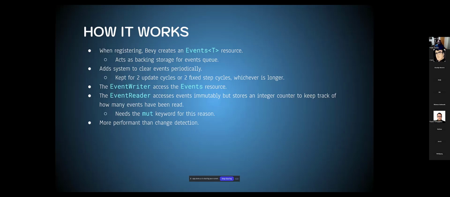This is why both the event writer and the event reader need to be immutable in your system parameters. This turns out to be a lot more performant than the change detection that I talked about in the original talk, where you can add a system with a particular kind of query, which will only get triggered if and when an entity changes, a component changes, etc.